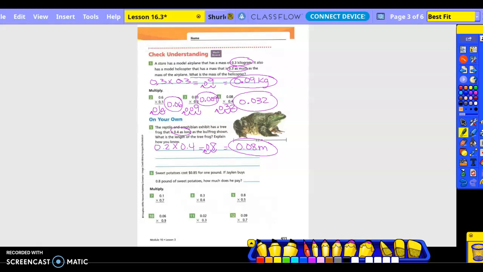Sweet potatoes cost 85 cents for 1 pound. If Salem buys 0.8 of a pound of sweet potatoes, how much does he pay? So we have our 85 hundredths times what? So for 1 pound, how much does he pay? So what am I multiplying by? 8/10.